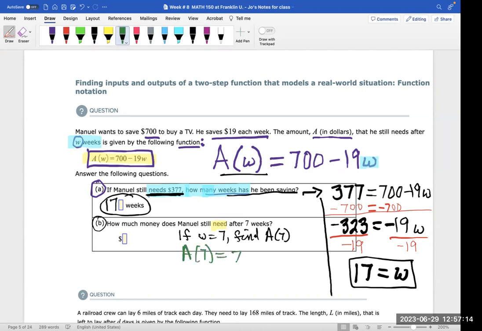A of 7 is 700 minus 19 times 7. 19 times 7, 133. So 700 minus 133. And that's how much he still needs.